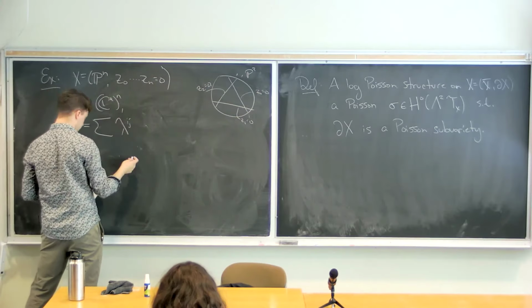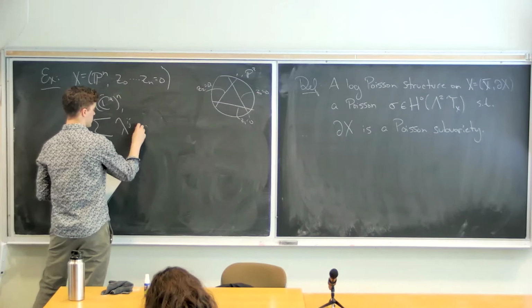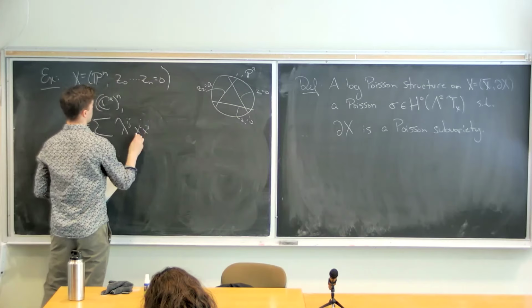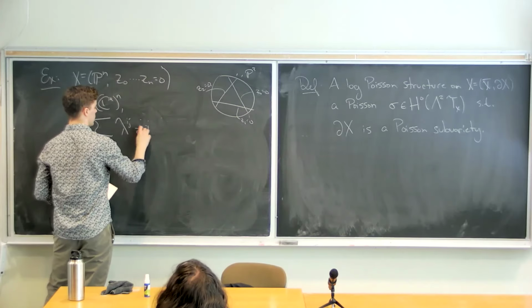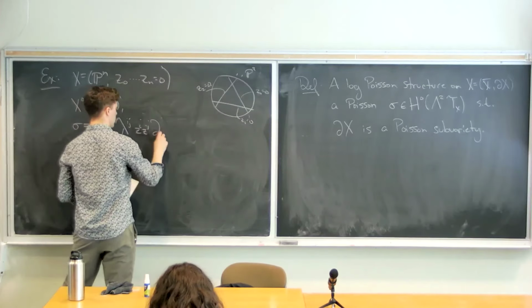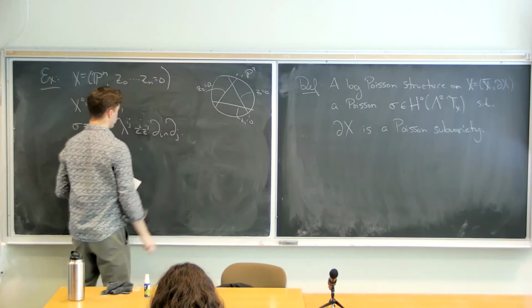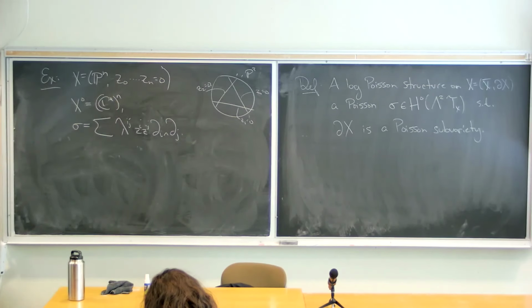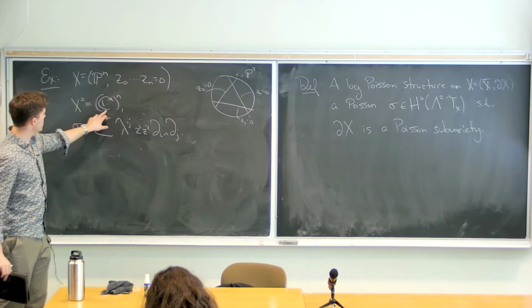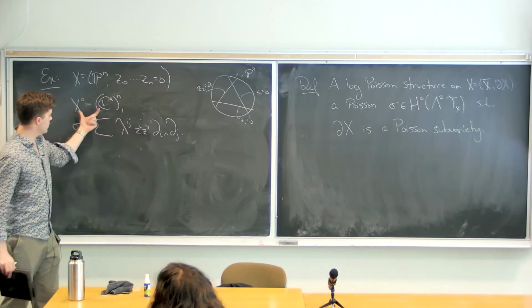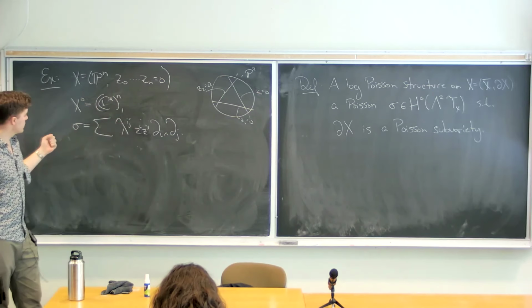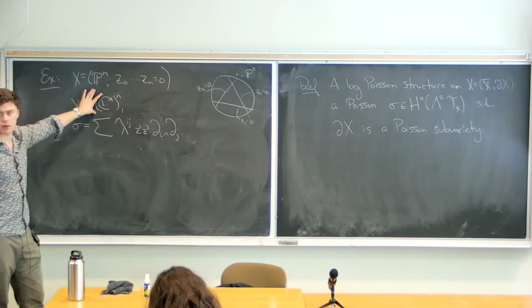So lambda ij, this is some holomorphic function. I was using Z. Okay. And I want to take this to be my Poisson structure. So you can see it is invariant. The space of polyvector fields has a natural torus action on it.